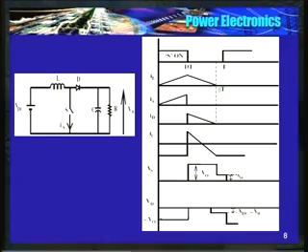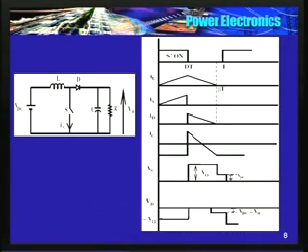Now how does the voltage across the switch and the diode look? When the current is flowing through the diode, or when the diode is on, voltage across S is V0 itself. What happens when the current becomes 0?